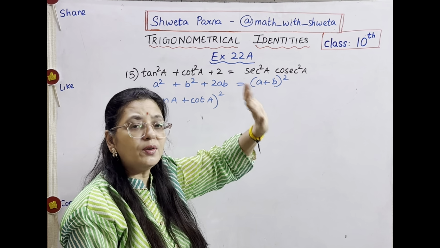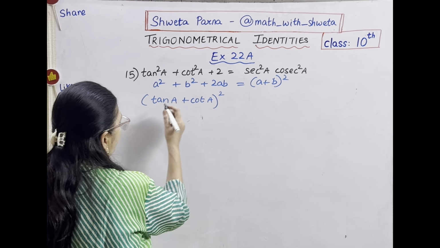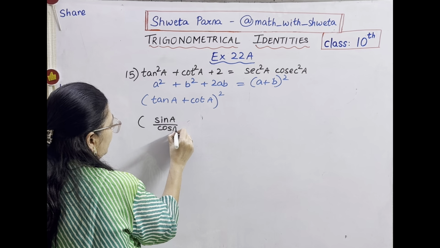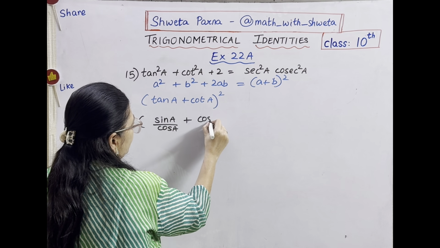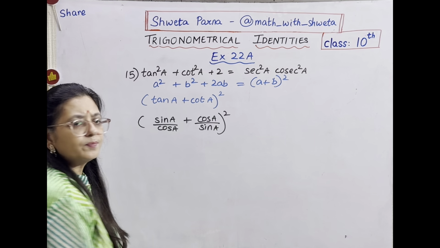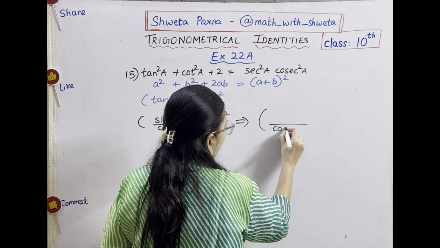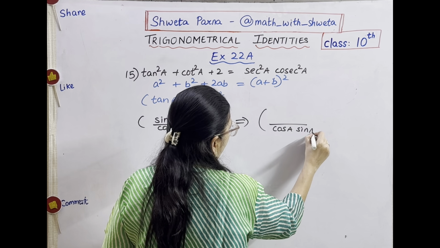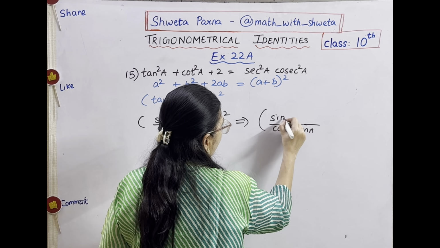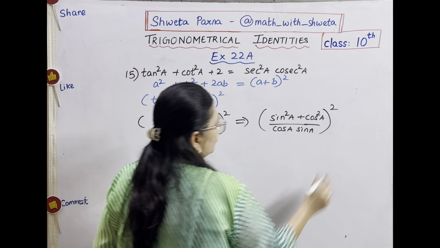So in short, we want 1 upon sin square A into 1 upon cos square A, right? So how will you write tan A? Tan A is sin A upon cos A. Cot A is cos A upon sin A, the whole square. So when you take the LCM, it is cos A into sin A. What is the numerator? Sin square A plus cos square A the whole square.